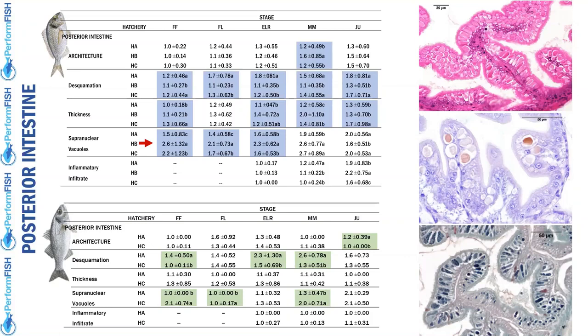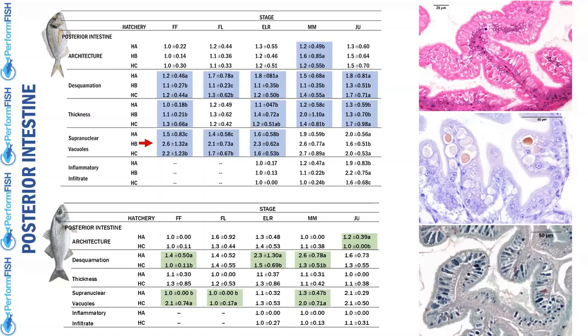to metabolize the diet. As you can see, it is marked, most of all in one hatchery, more marked with respect to the other. But the score remains always under 3.5.